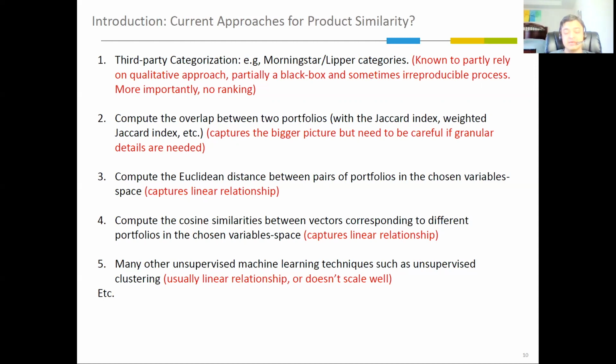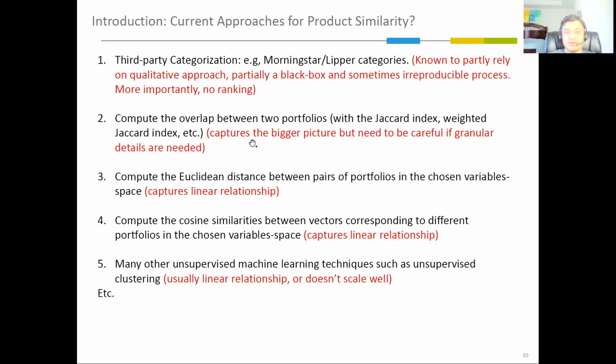However, categorization would not tell you which of these 100 funds is more similar to the one that you are investigating. Okay, so essentially there is no ranking. It just says that all these 100 funds are similar to the one that you are investigating, but no more information than that.